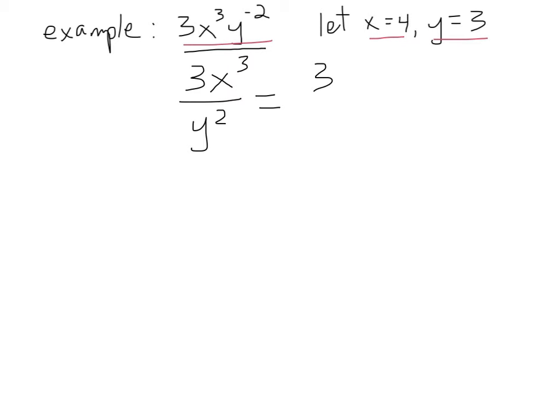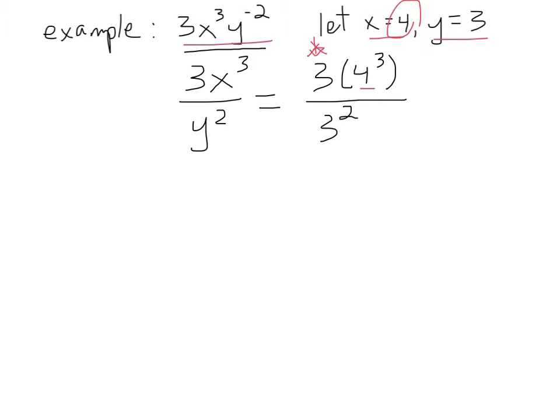Now I go ahead and plug in 4 for x. Notice that I'm only going to cube 4, not this first 3. And in the denominator, I'm going to plug in 3, and I'm going to square that.